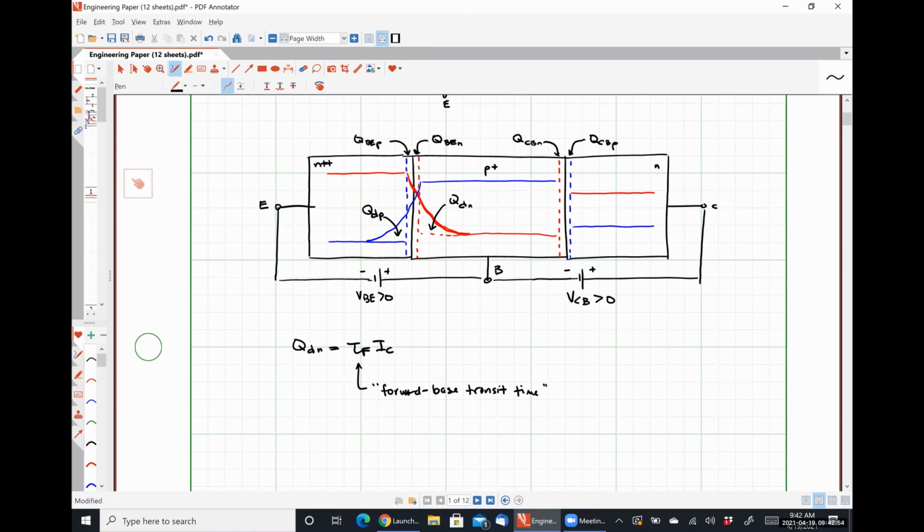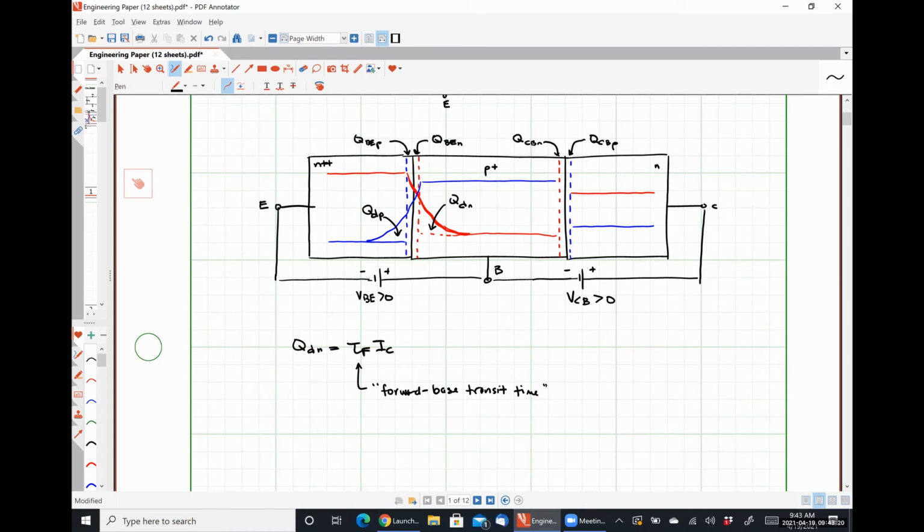And it simply represents the amount of time it takes for an electron to fully diffuse across the base, right? So the electrons are diffusing across the base, then when they reach the collector base junction, they get swept through by the large electric field caused by that reverse bias junction, okay?